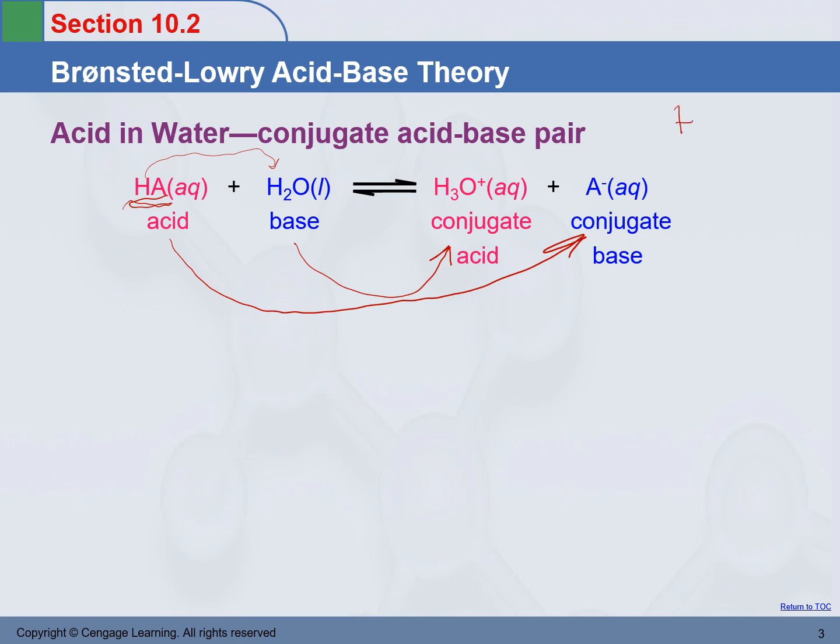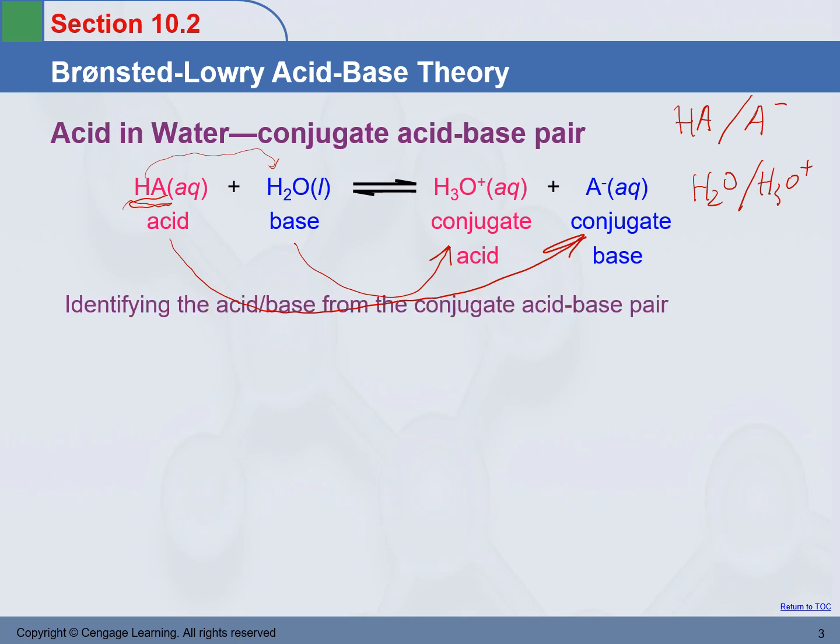So the acid and its conjugate base differ by one proton. Water, a base, and its conjugate acid again differ by one proton. A conjugate acid and base pair always differ by one proton. It is the acid in the pair that has one more proton than its conjugate base.